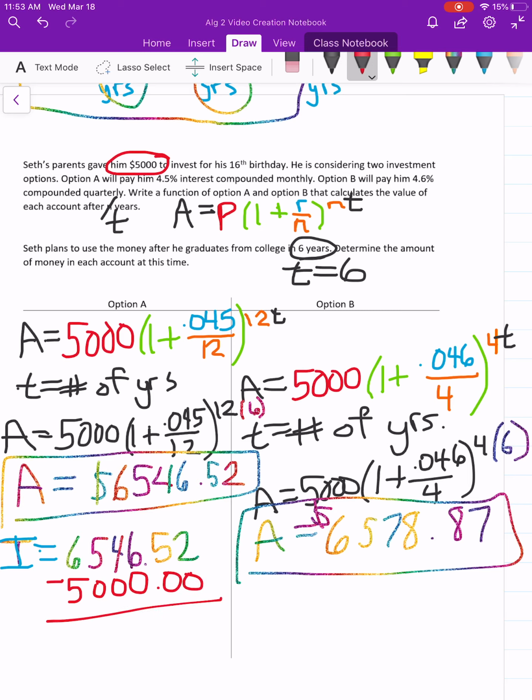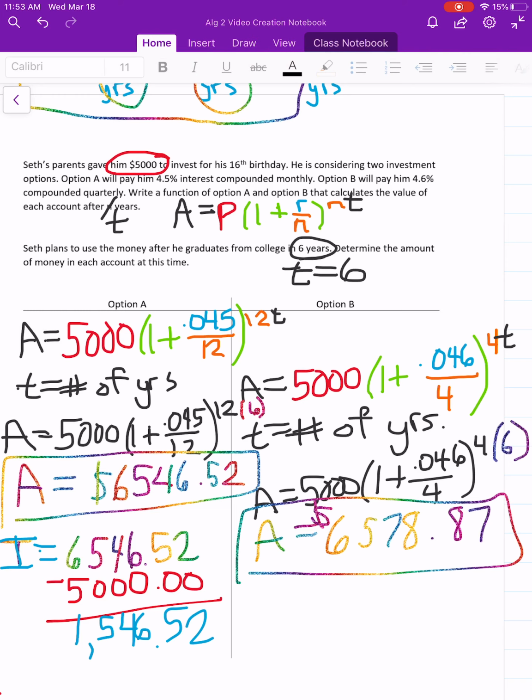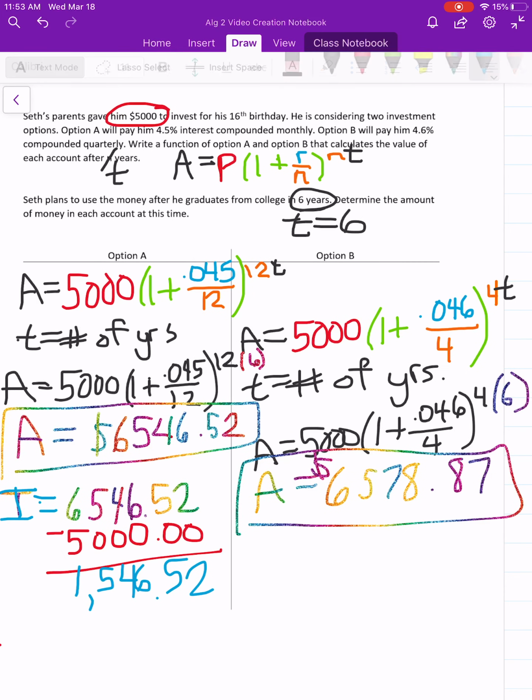Okay. So it's going to be equal to about $1,500. And we could do the same thing over here if we wanted to find the interest.